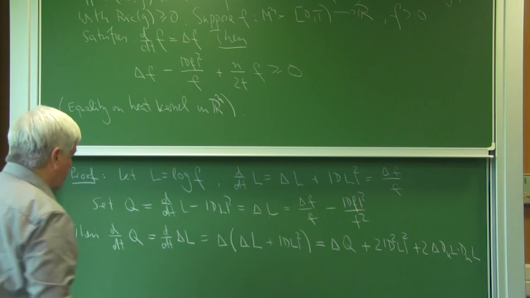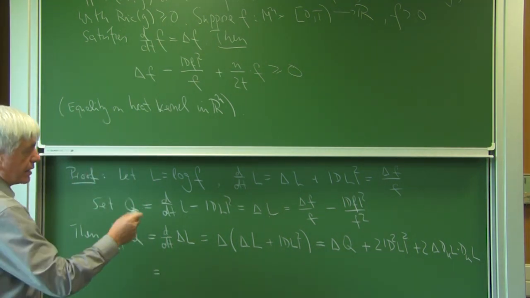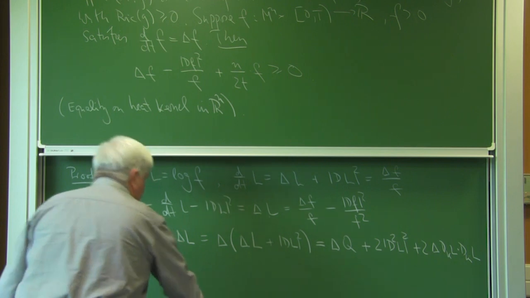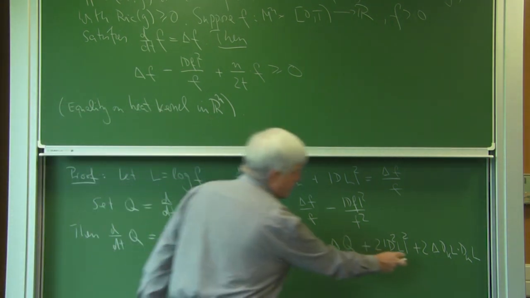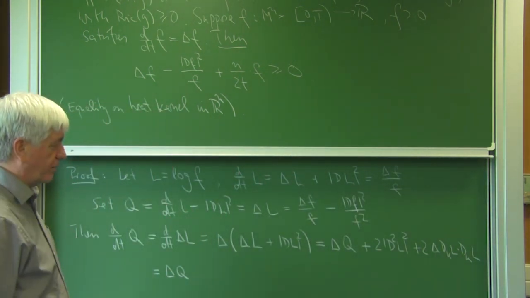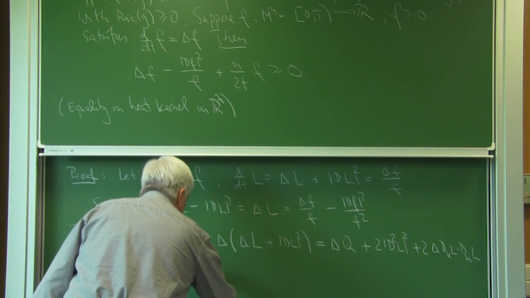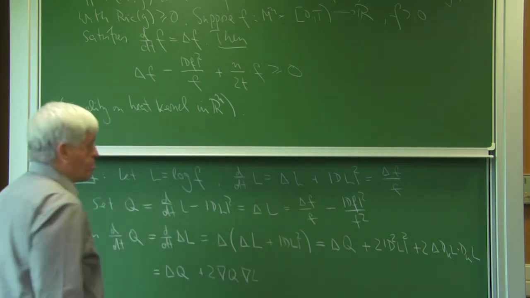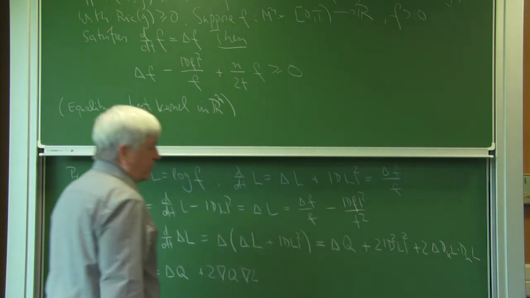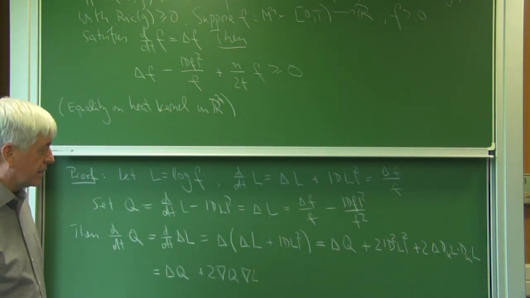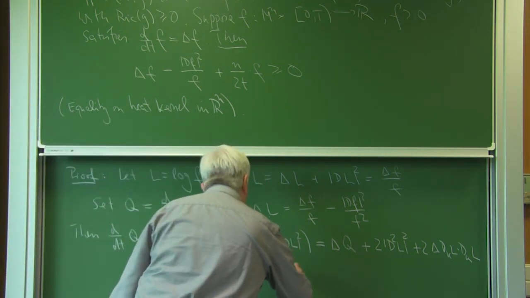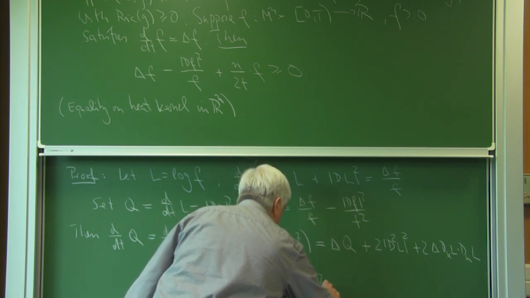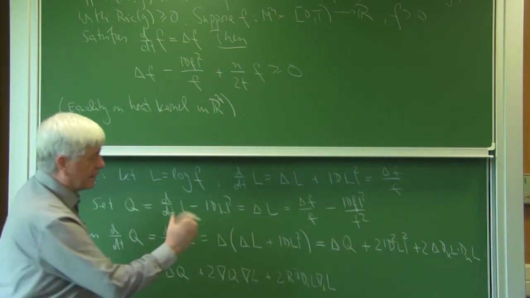And now we have to commute on the right hand side the Laplacian with the gradient of L. So we get the Laplacian of Q, and then if I commute here, I get the gradient of the Laplacian of L, which is the gradient of Q, so I get 2 times the gradient of Q multiplied with the gradient of L. But then I made a mistake, so the mistake is exactly the Ricci curvature, so I get plus 2 times R_ij times gradient_i L gradient_j L from the commutation of the Laplacian and the gradient.